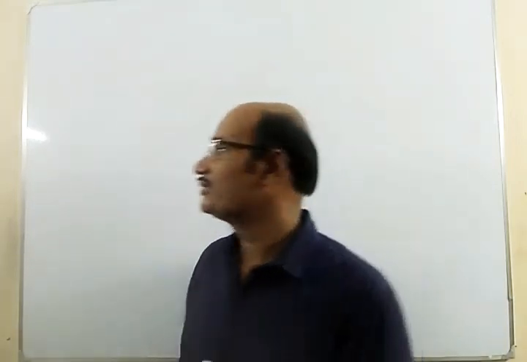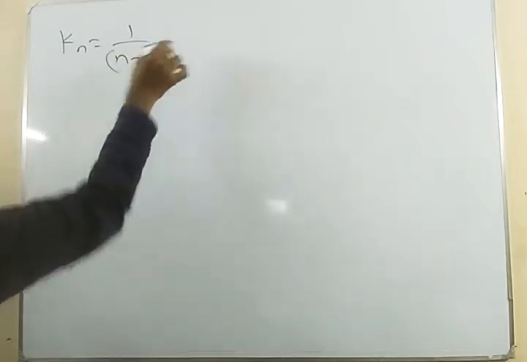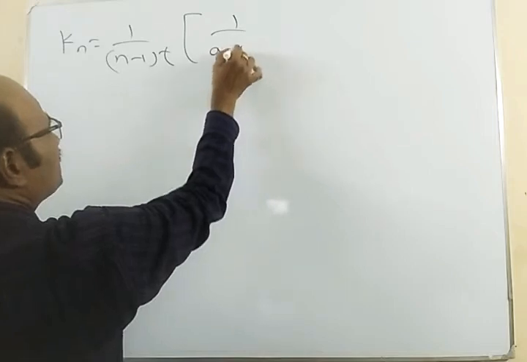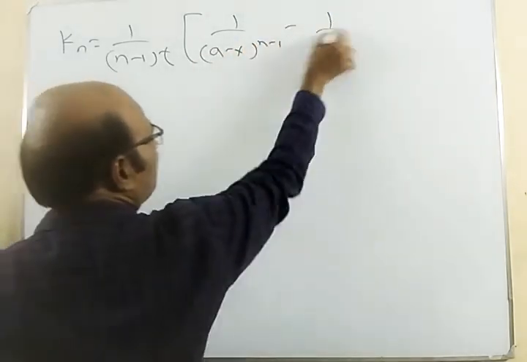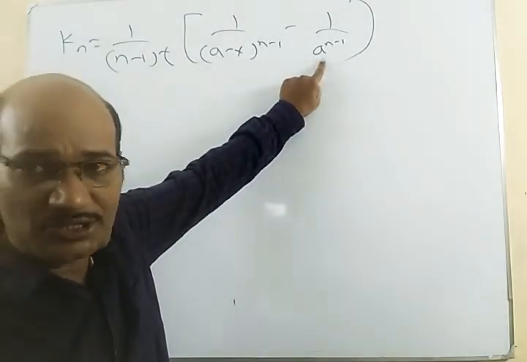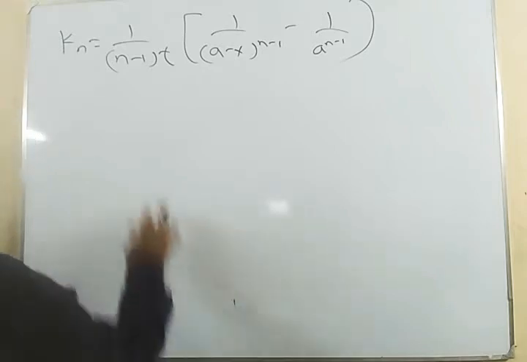In the last class, the formula which we obtained is k of n equal to 1 by n minus 1 into t, into 1 by a minus x power n minus 1 minus 1 by a power n minus 1, where a is the initial concentration, a minus x is the final concentration after time t.